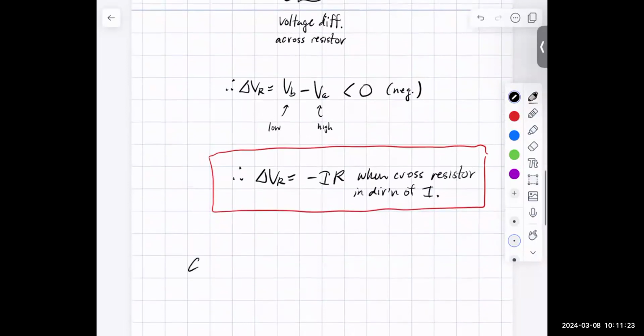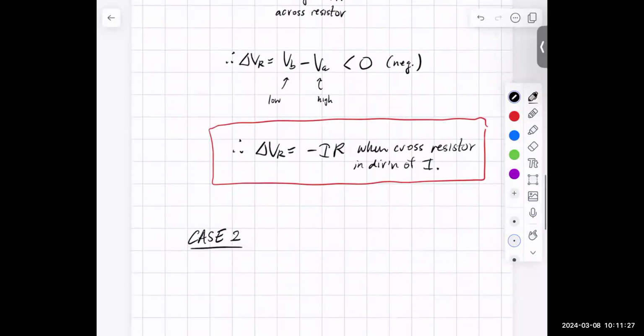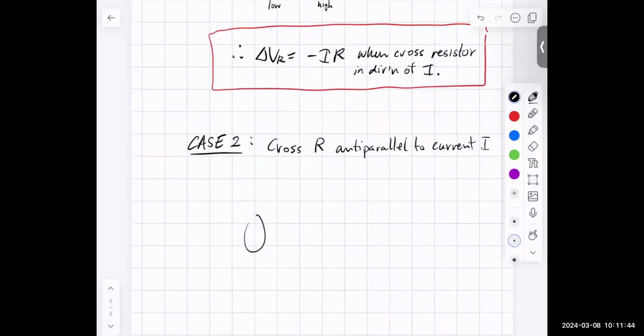So, case number 2: we're going to cross R anti-parallel to the current I.